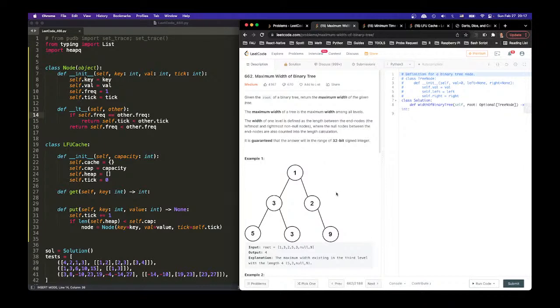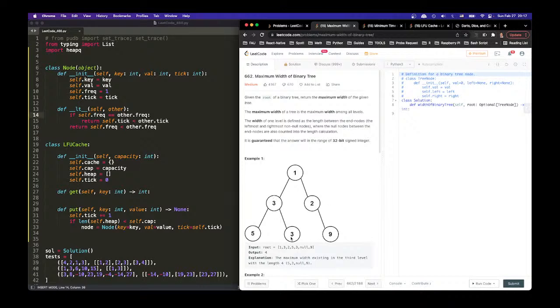But how do we know the leftmost and the rightmost? The leftmost. Yeah, if I don't have this 5, the leftmost is 3 on this level.